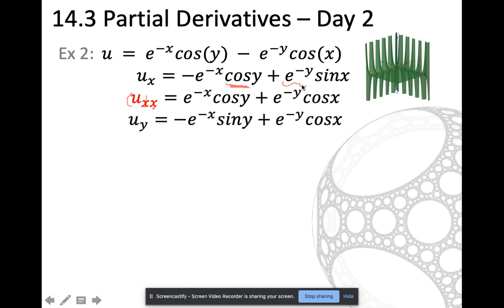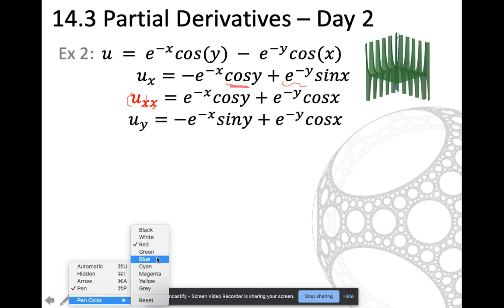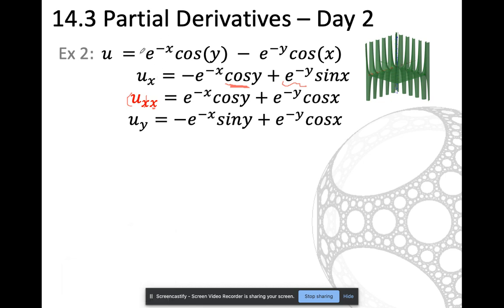Now go back to the original and hold x constant. Holding x constant, I am taking the derivative of cosine y, which is negative sine y, and then I just have this e to the negative x as a constant. Over here, cosine x is my constant, and I'm taking the derivative of e to the negative y, which is negative, which turns this negative positive, e to the negative y.